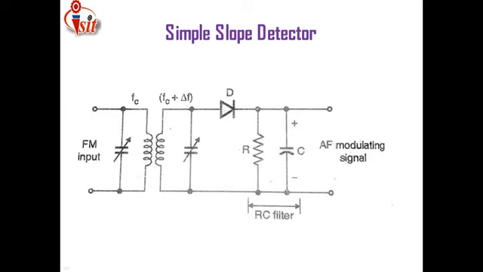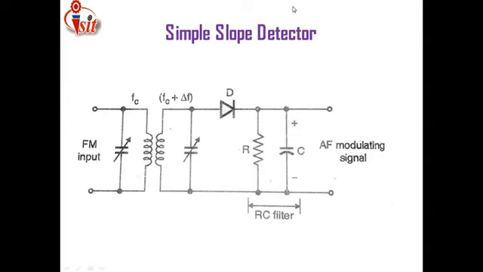Thus the RC time constant totally depends on the diode. Then what is the role played by the diode along with this simple slope detector? Just see, the output voltage of the tank circuit is directly applied as an input. That input is the FM input, and the detector filters out all the high frequency ripple and produces the modulating signal.